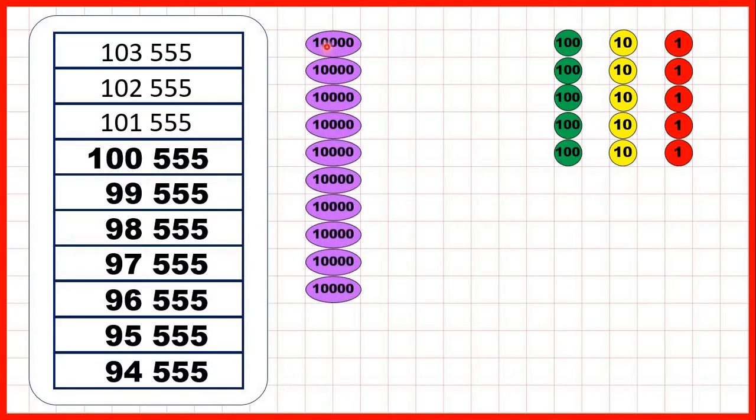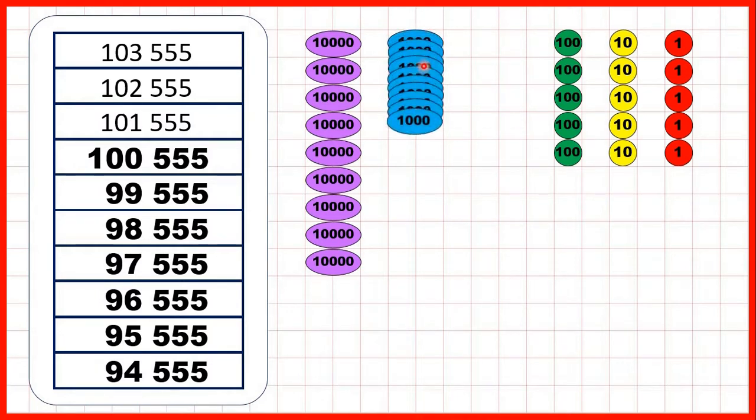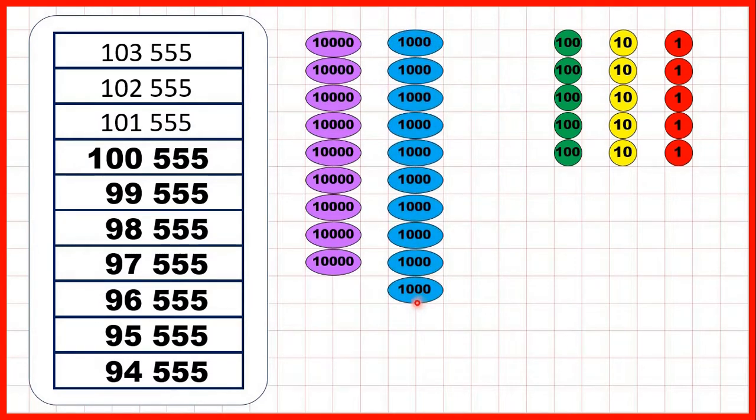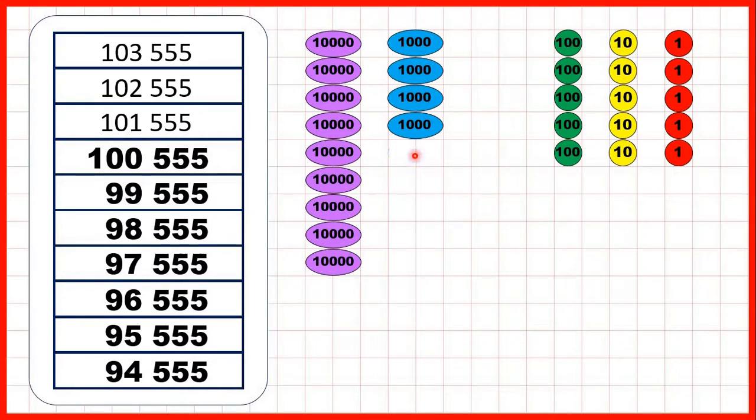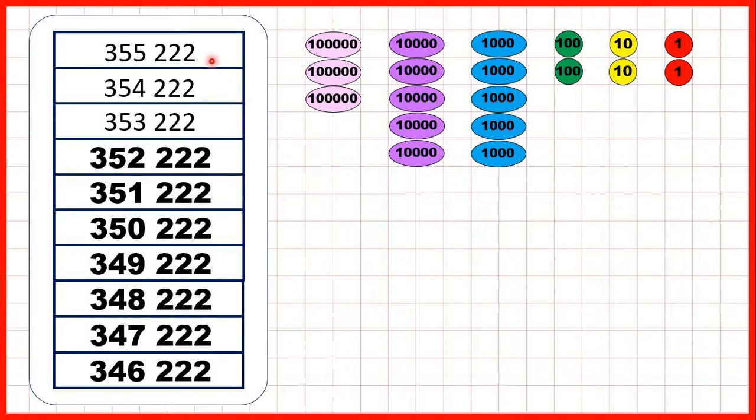We can exchange our 100,000 for 10 10,000s. Then we can take one of those 10,000s and exchange it for 10 thousands. So now we can continue counting back in thousands until we get to 94,555.